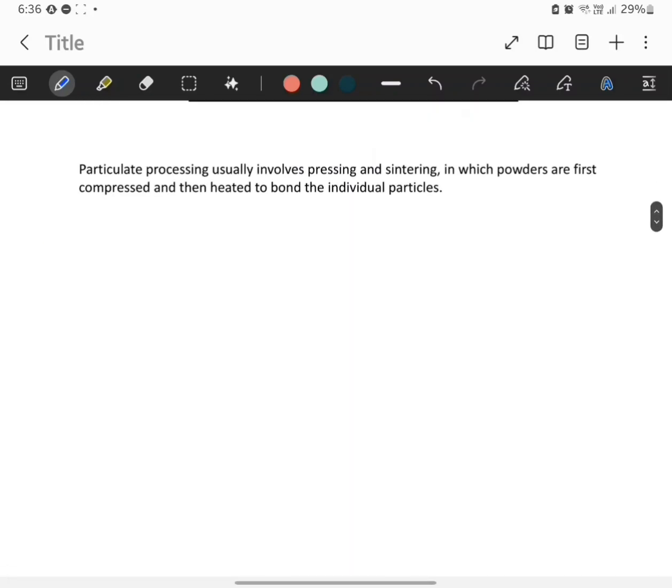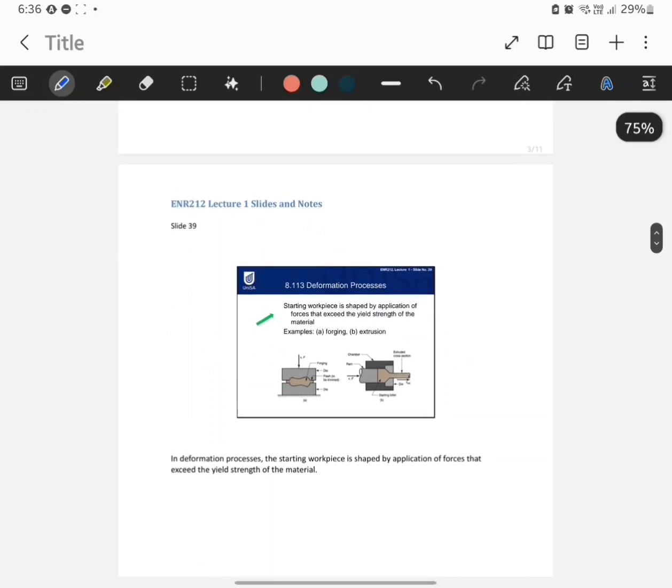And now let's discuss another slide: the deformation process. It covers how we shape materials by applying enough force to reshape them, focusing on techniques like forging and extrusion.